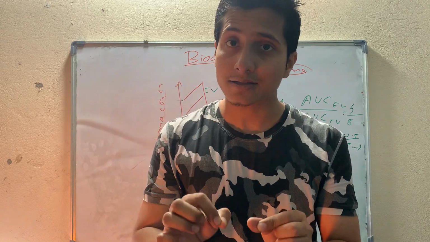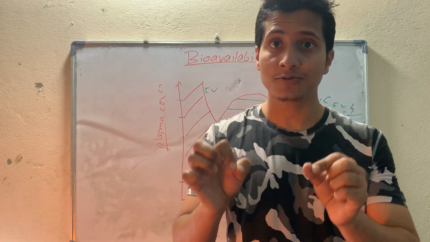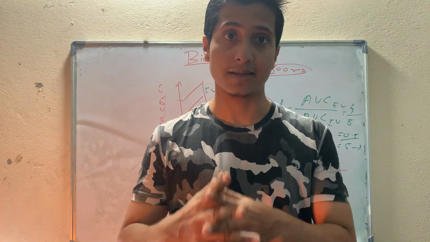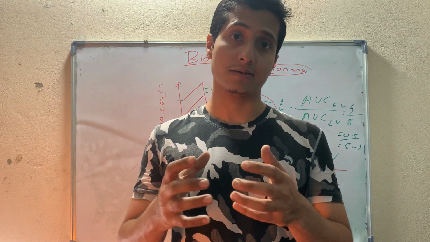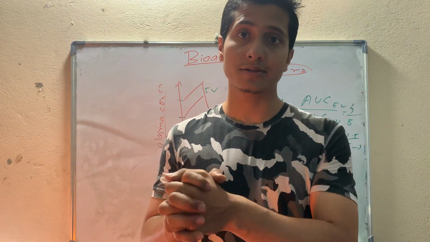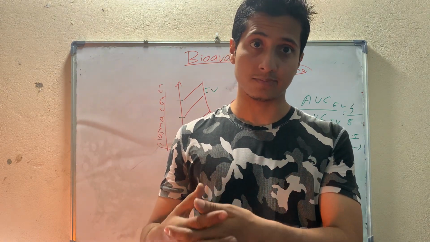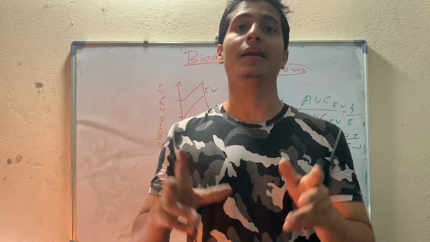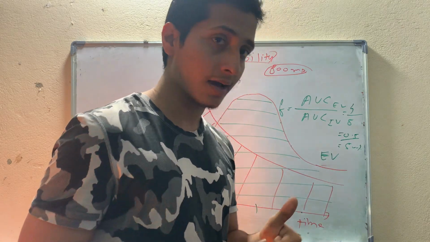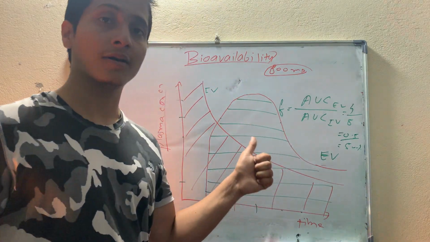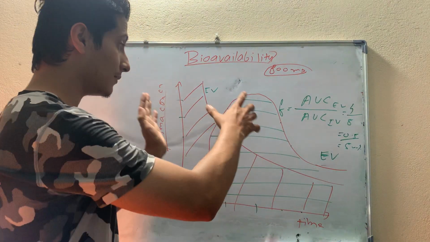So the fraction of the drug that makes it into the plasma or the systemic circulation, that's the bioavailability. It's expressed as a fraction, or as a percentage, or in decimal, and it is represented by the letter F. And we can find out the bioavailability of the drug by the experimental method, which I've shown here.